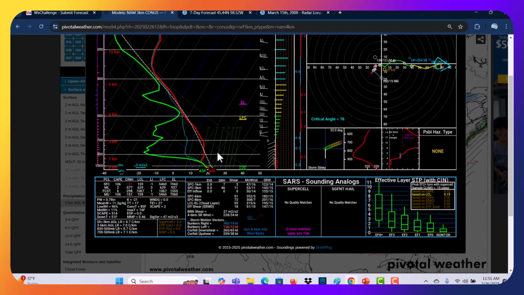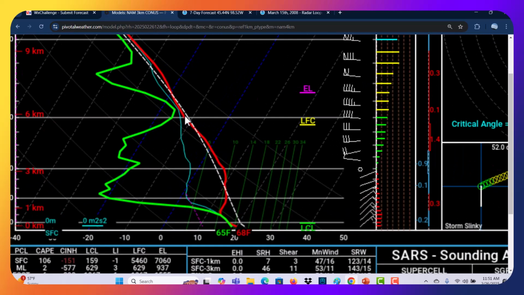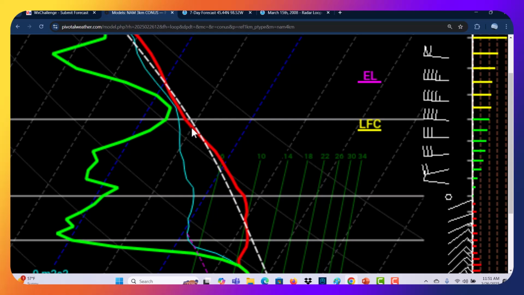There we go, this is a little better. So our CAPE is anywhere between this environmental temperature and the parcel. In this sounding, here's our environmental temperature on the left, this red line, and here's our air parcel on the right. And our CAPE is in between these two on a sounding.